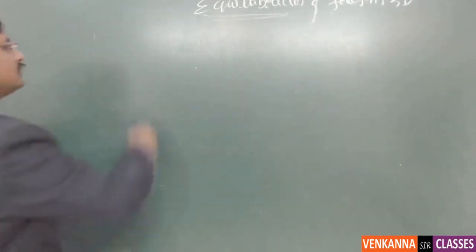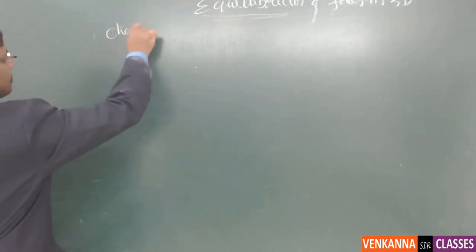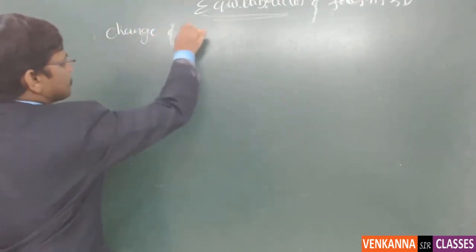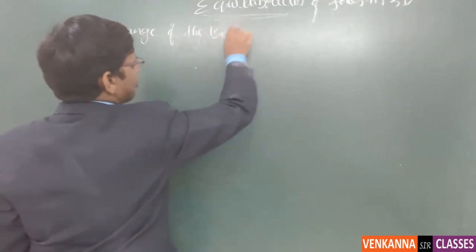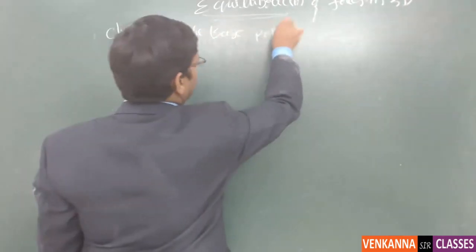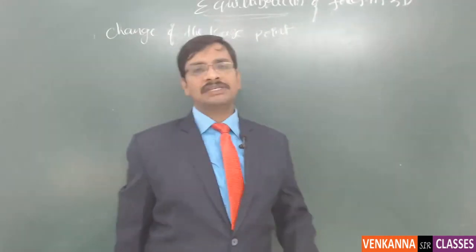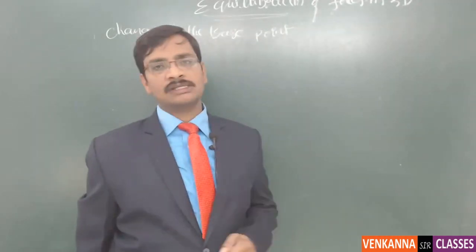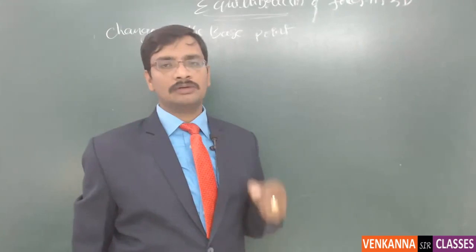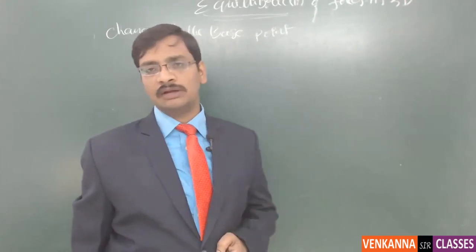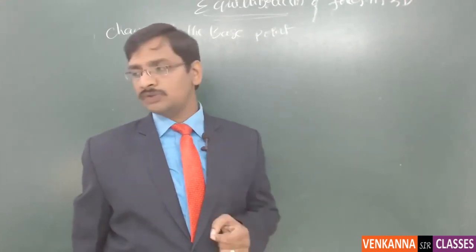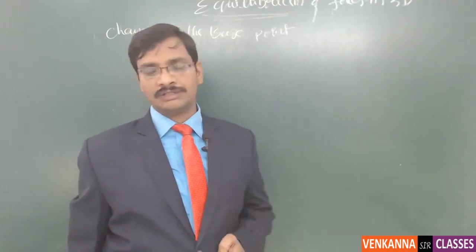And then change of the base point. Now here, as we have discussed till now, any system of forces can be brought into a point where all the forces are acting together, and that is a random point which we have selected based on our own interest.